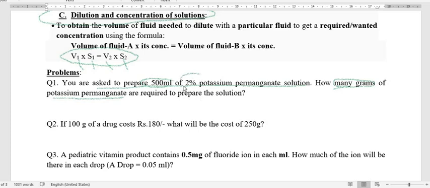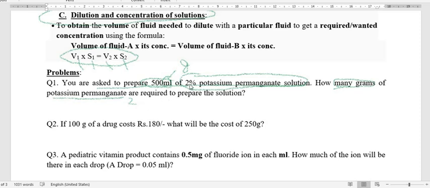The strength asked is 2%. Percent means per 100, so which unit do we have to measure? For ml in weight, the equivalent unit is gram in weight.